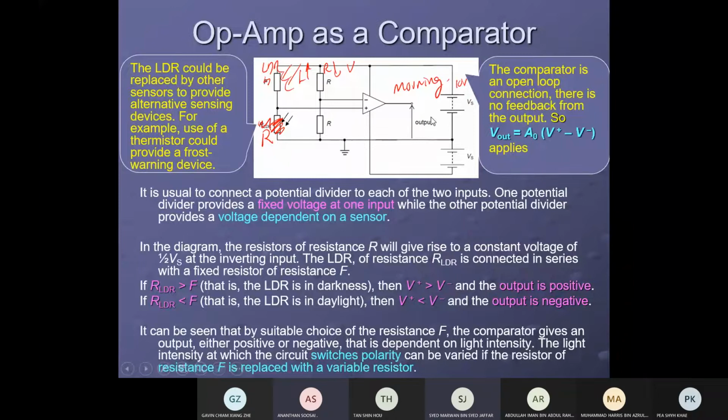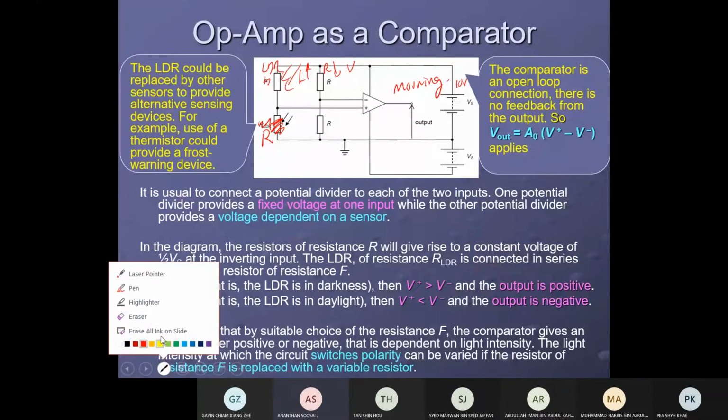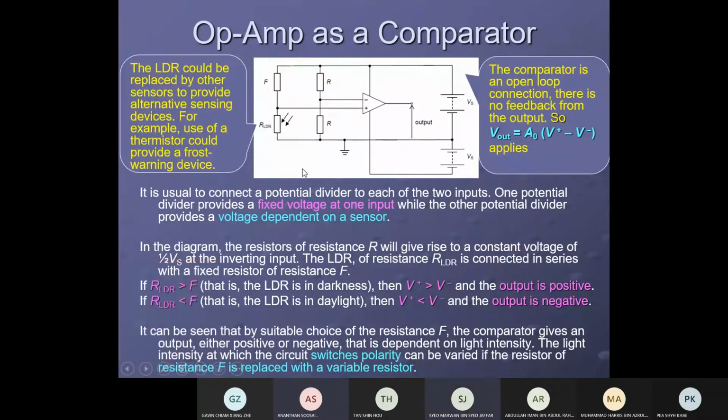Okay, good. So this is how the circuit looks. This description is the one I told you just now. When LDR is greater than F, the output is positive. In the exam, it could be a 3 marks question asking you to explain.